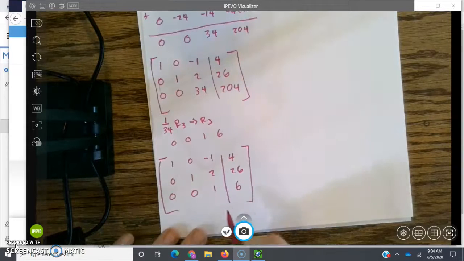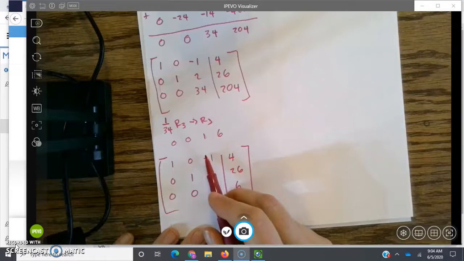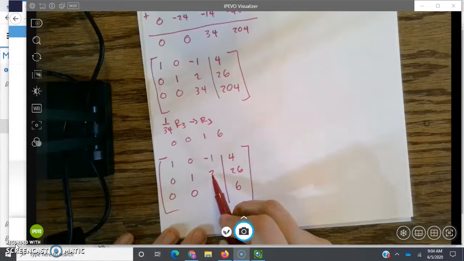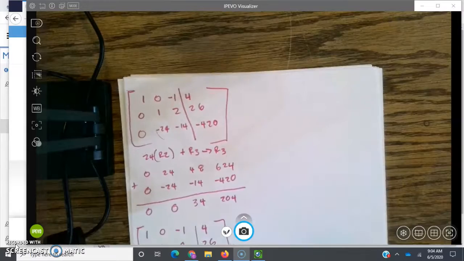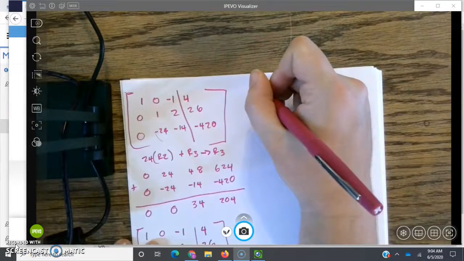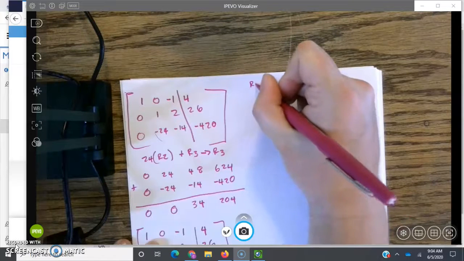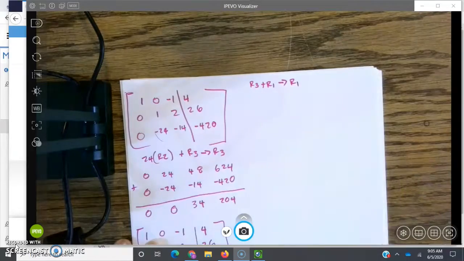What's great now is that we have this 1 with zeros here, so we can use this row 3 again to help us make a 0 here and a 0 here. We're going to make a 0 by taking row 3 plus row 1, putting it in for row 1.